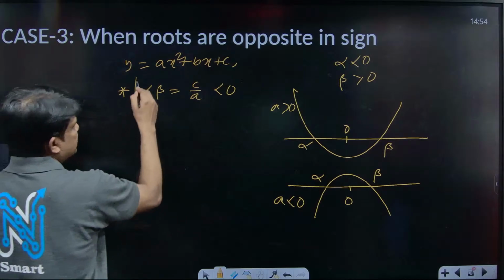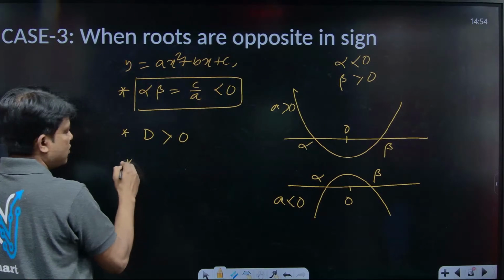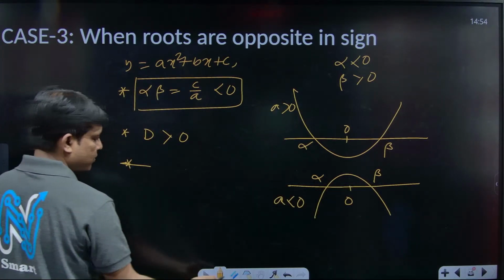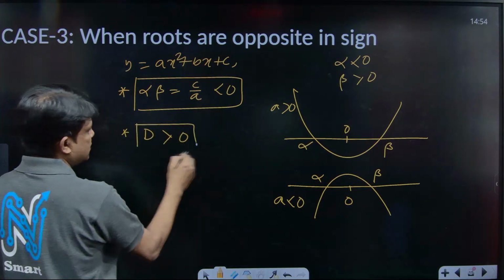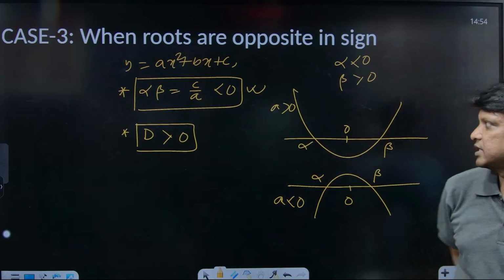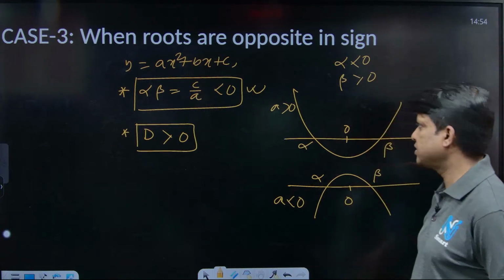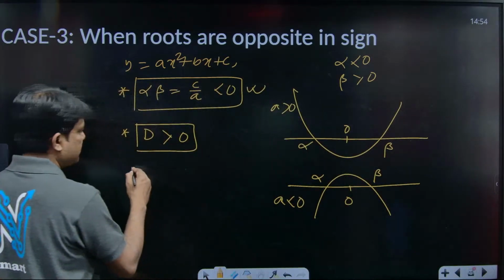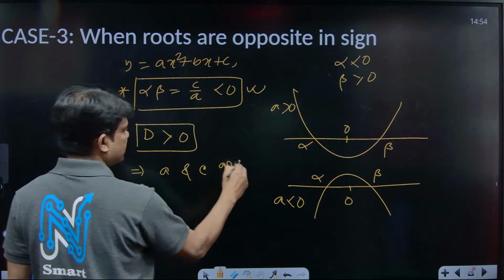Only this condition we have to analyze. The discriminant is automatically strictly positive, and the vertex abscissa, minus b by 2a, we do not need. Just the condition that the product of roots c by a is negative, meaning a and c are opposite in sign, so one root is positive and one root is negative. This is the only condition we have to analyze: a and c are opposite in sign.